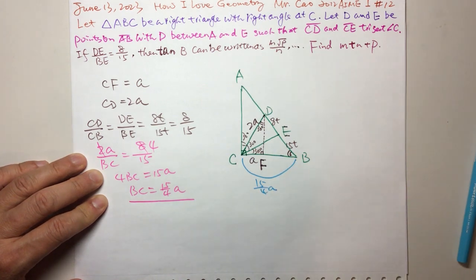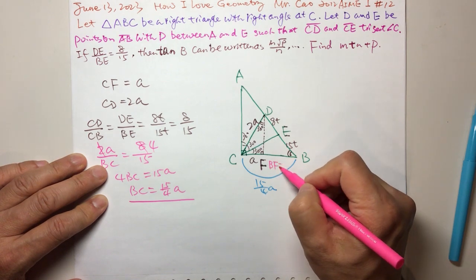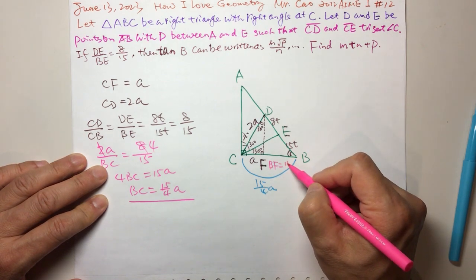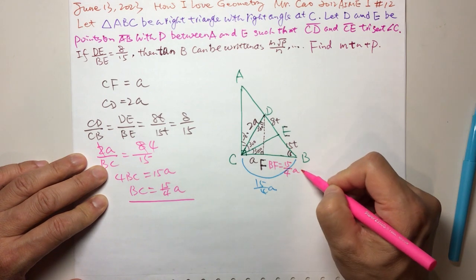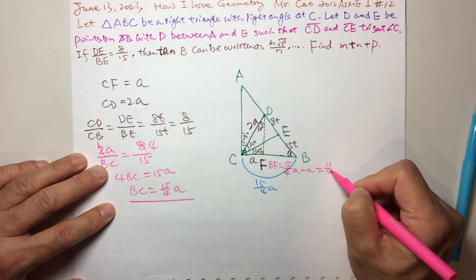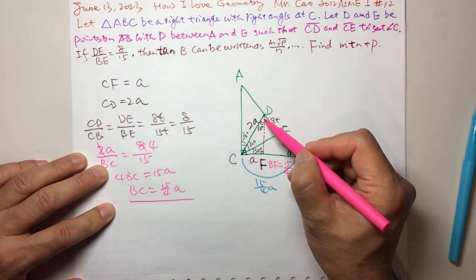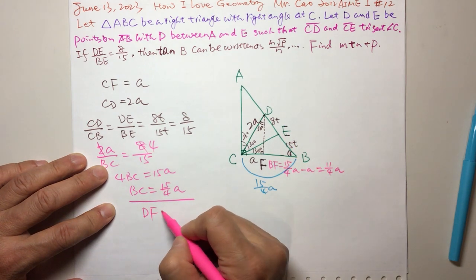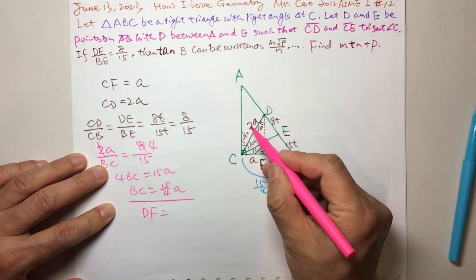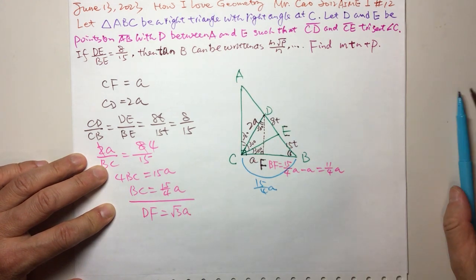Then how long is BF? BF equals 15 fourths a minus a, so 11 over 4 a, right? So now we know how long DF is. DF, this is a to a, so it's the square root of 3 a.